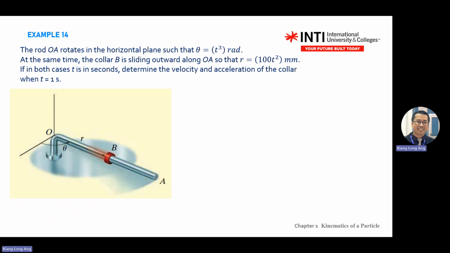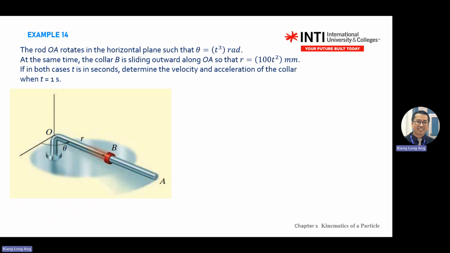Okay, let's continue. So you have this object, rod OA, which is this one, OA, rotates in the horizontal plane such that theta is given by a certain equation. Theta equal to what? Radian. In polar coordinates, we always deal with angle in radian. Sometimes we will give you the angle in degree value.